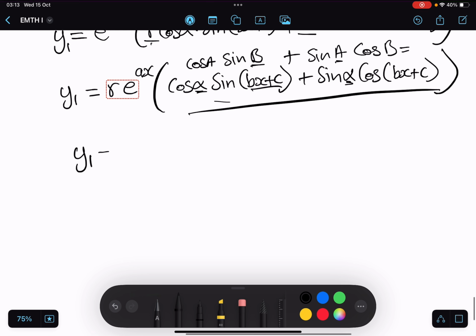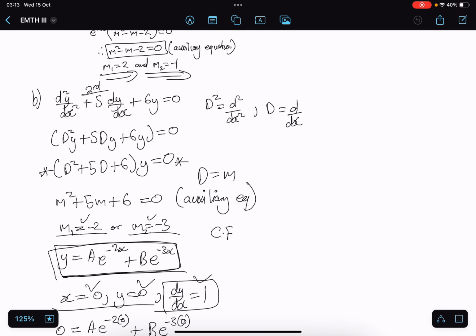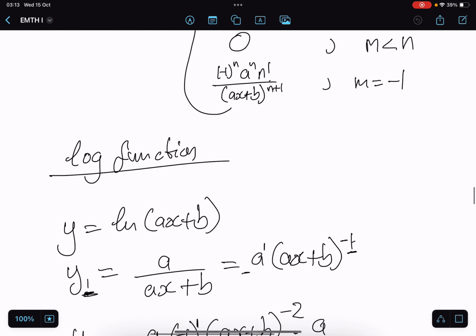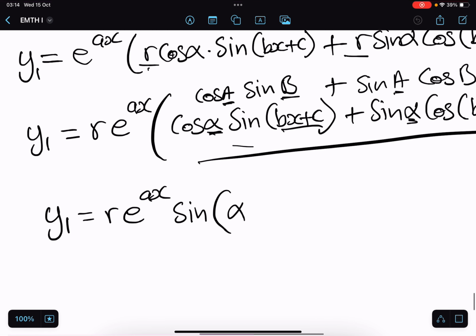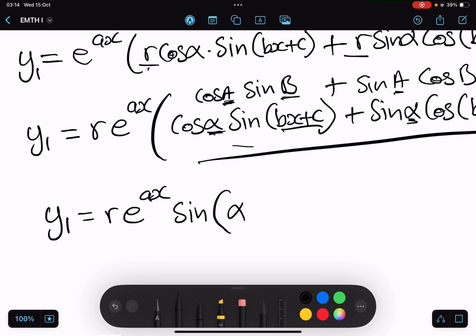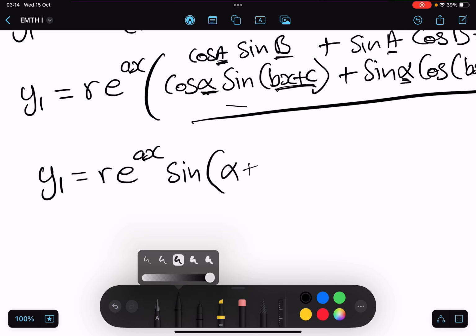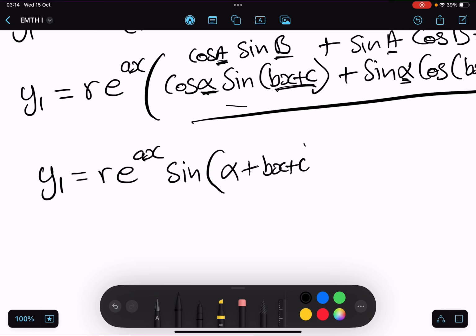So we are going to rewrite this in that format. y1 is equal to r e^(ax) sin, our A is alpha, plus our B, which is bx + c.